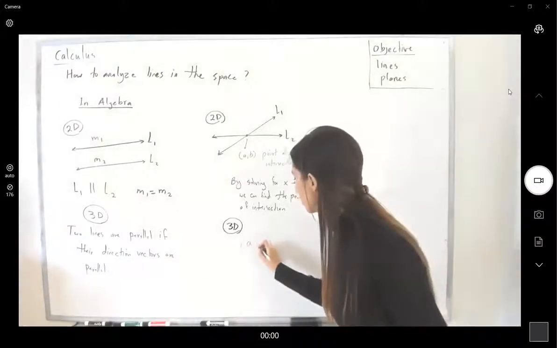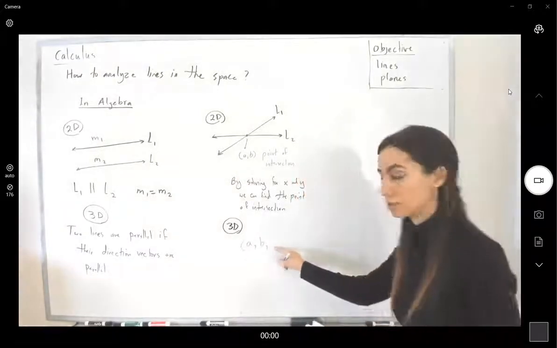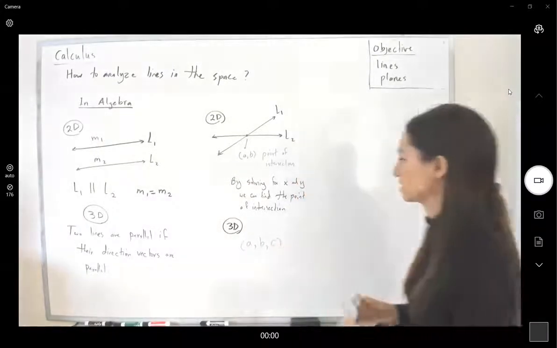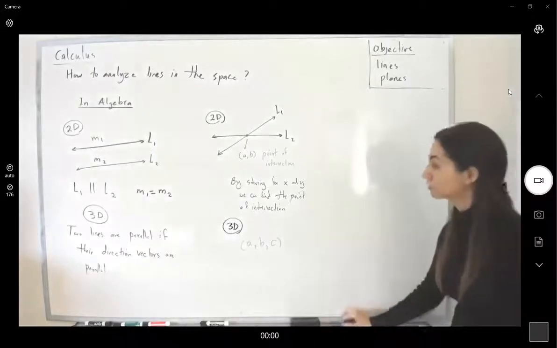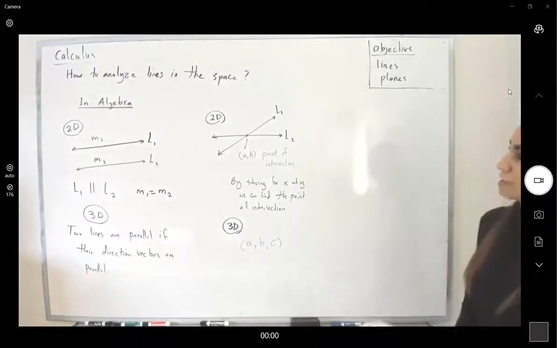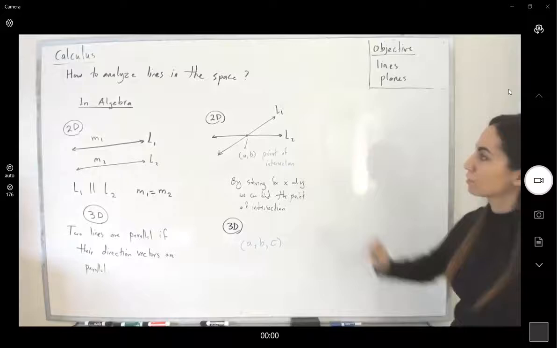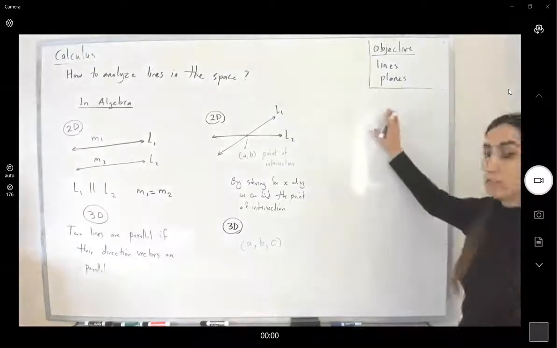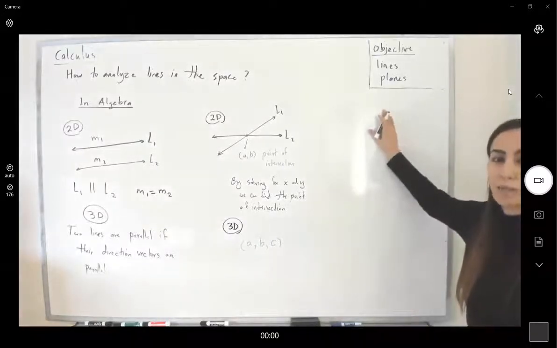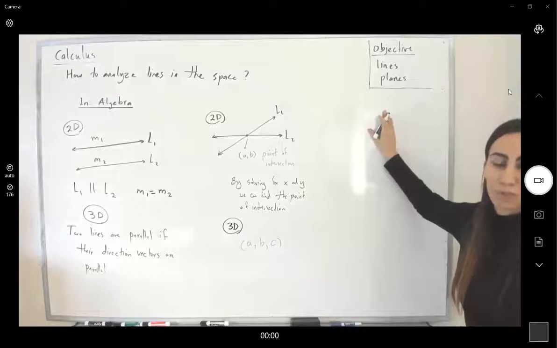So in this case, your point of intersection has the third coordinate, z, as well. Intersecting lines.